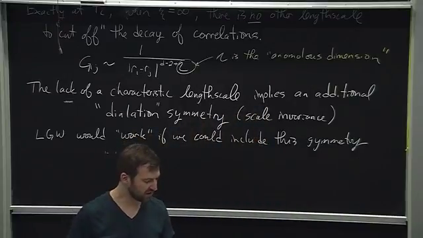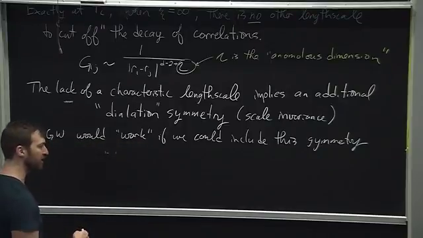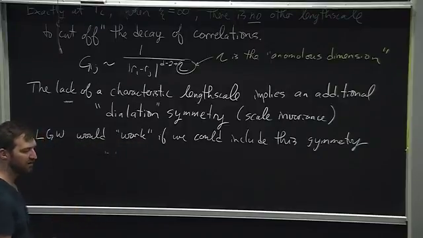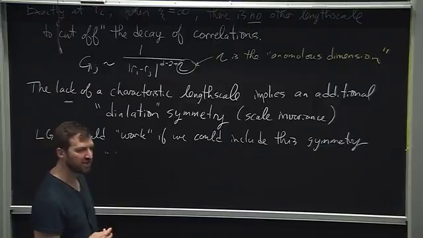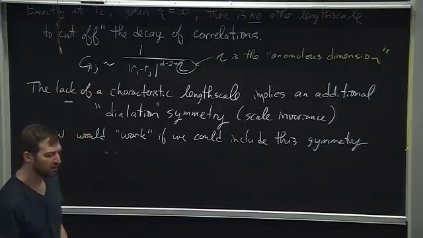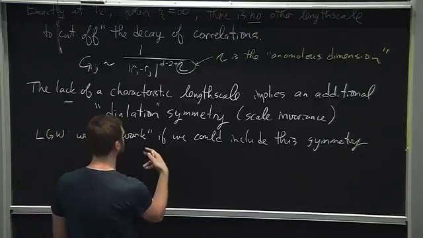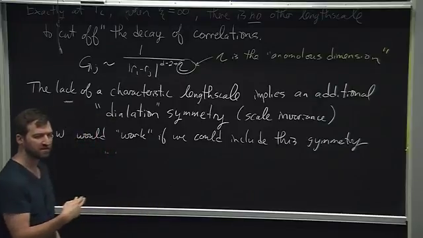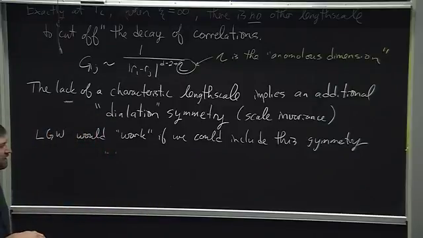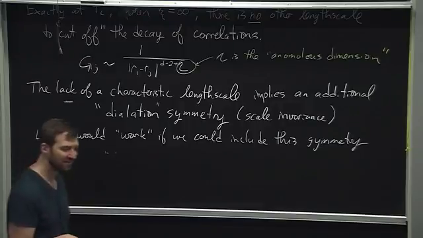But essentially, it's impossible to add this directly to the Hamiltonian to make some effective Hamiltonian that has dilation symmetry, except in one special case in 2 dimensions, which is when this dilation symmetry implies conformal invariance. But that's a special case that we talk about in some other class called CFTs.